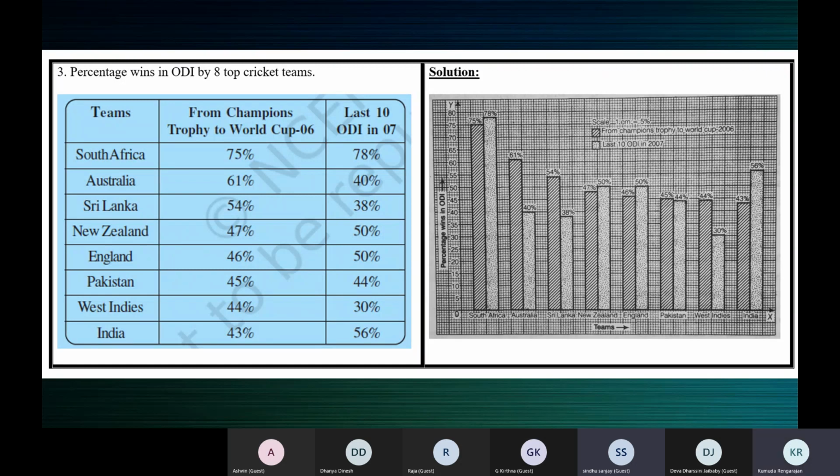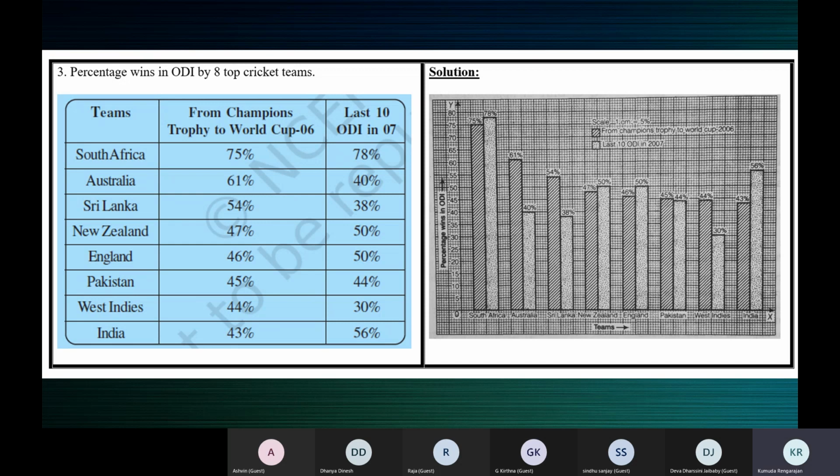Okay, and the largest value? 78, ma'am. 78. Okay, so the bar of least height is the one which represents 30%, and the bar of maximum height is the one which represents 78%. There is nothing smaller than 30%. There's nothing more than 78.